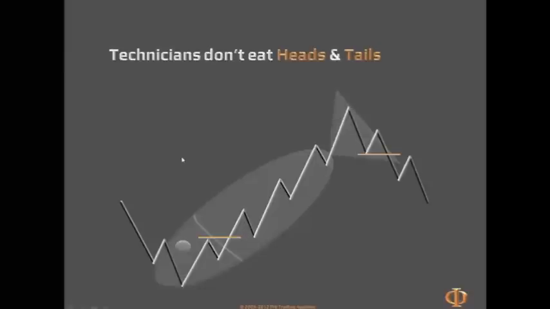So in my experience, we cannot eat the head and the tail of the fish consistently. Of course, it can happen many times, but you cannot do it consistently. So we don't eat the head and the tail of the fish.